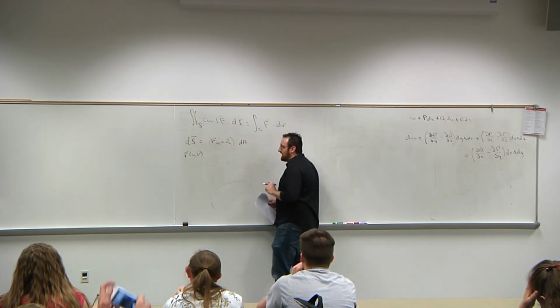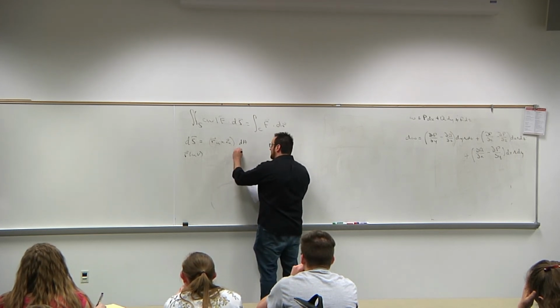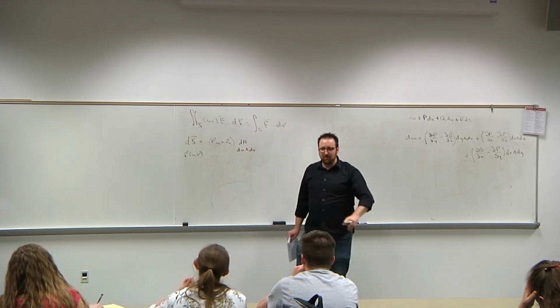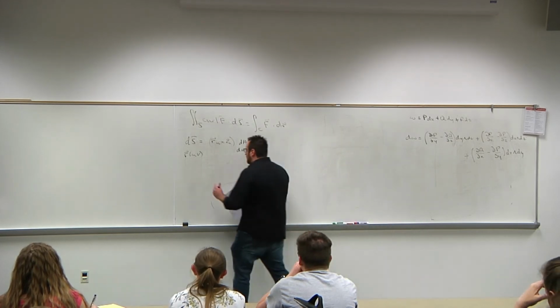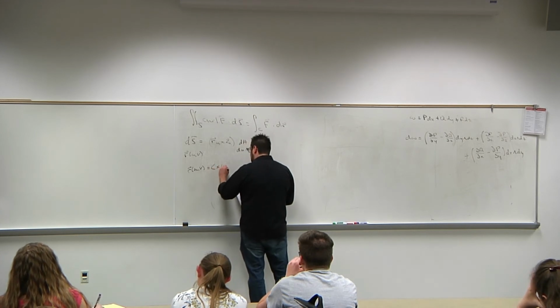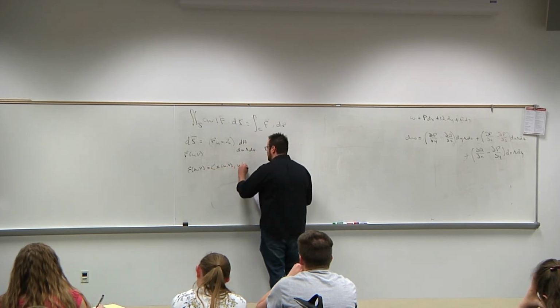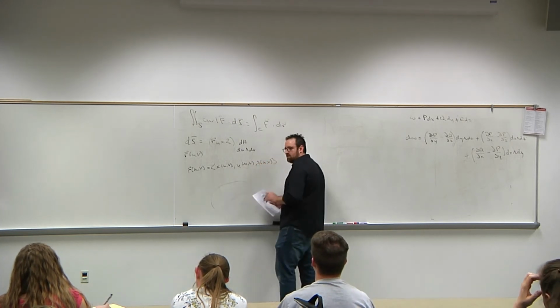But what was dA in the uv coordinates? dx wedge dy. Well, in this case, it'll be du wedge dv. Okay? For the same reason we had dA was dx wedge dy a minute ago. But r of u,v, of course, is just equal to x of u,v, y of u,v, and z of u,v. Right? Okay?